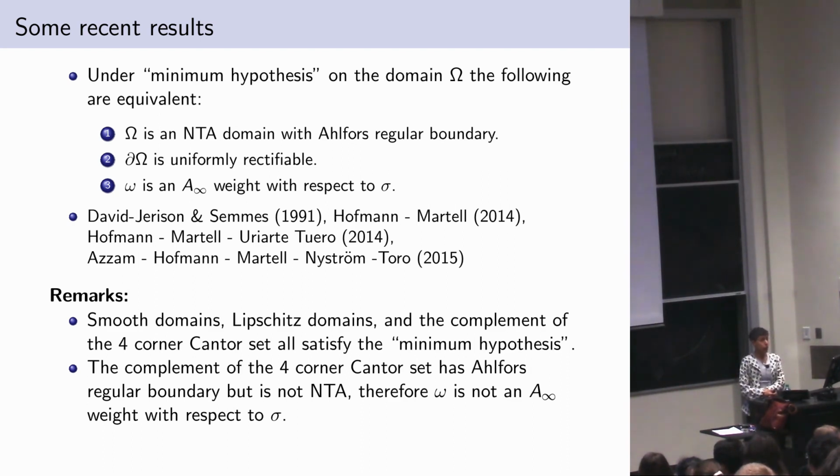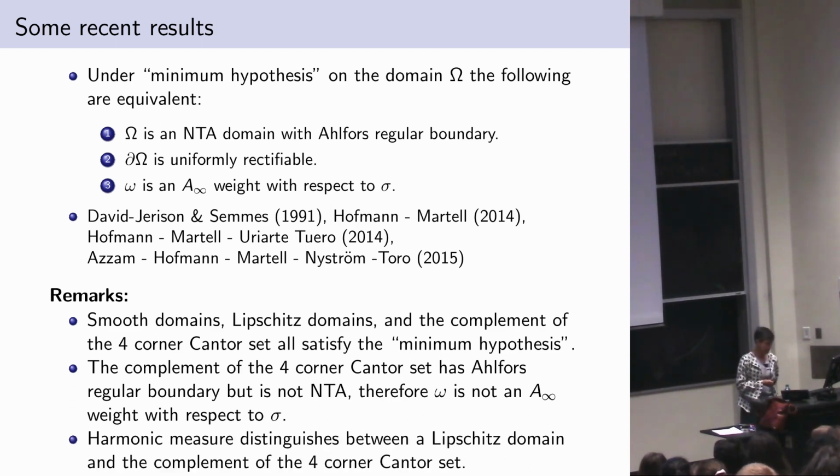On the other hand, it's not NTA. NTA requires that you have a ball in the exterior. The complement of the 4-corner Cantor set doesn't have an exterior. The exterior is the interior of the complement. There's nothing. So harmonic measure is telling us, yes, look, I can tell you the difference between the 2 of them.